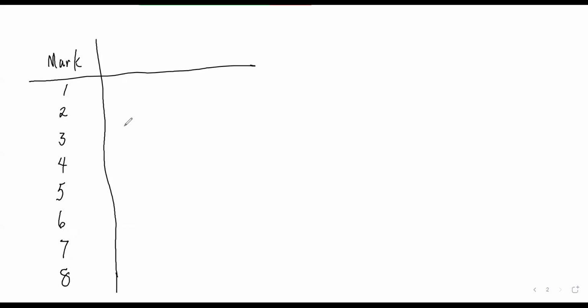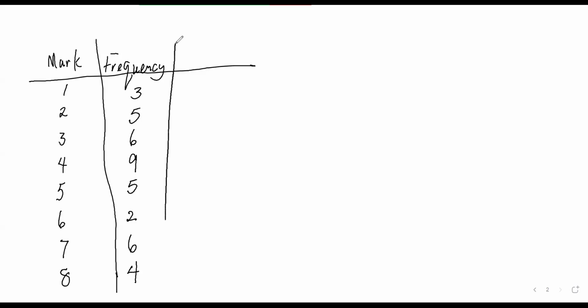And the frequency is 3, 5, 6, 9, 5, 2, 6, 4. Complete the cumulative frequency.